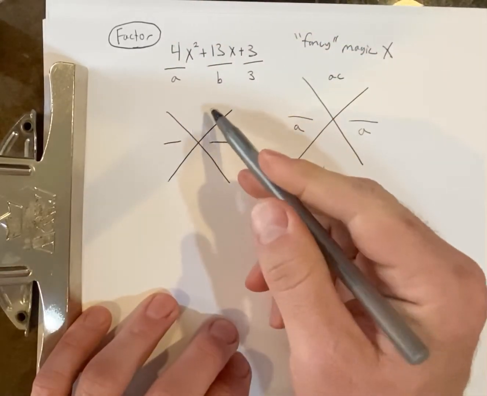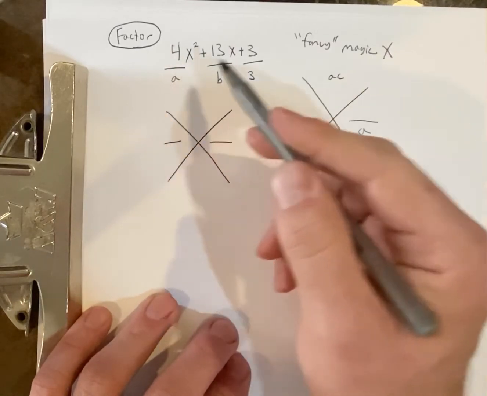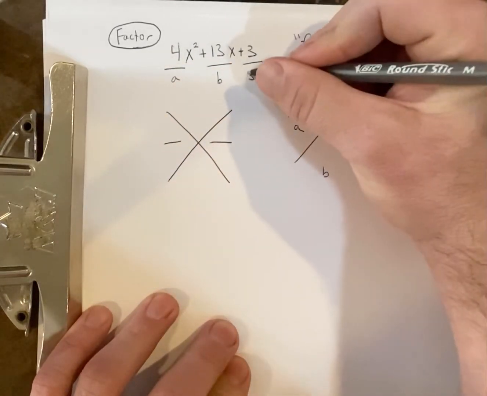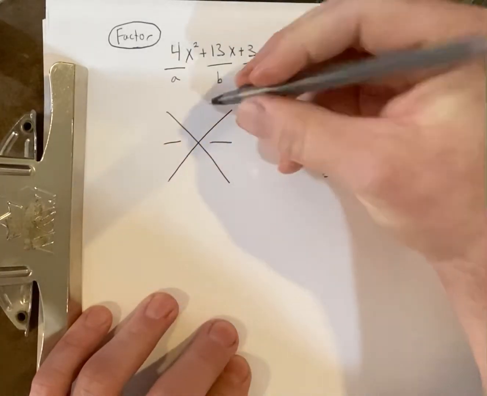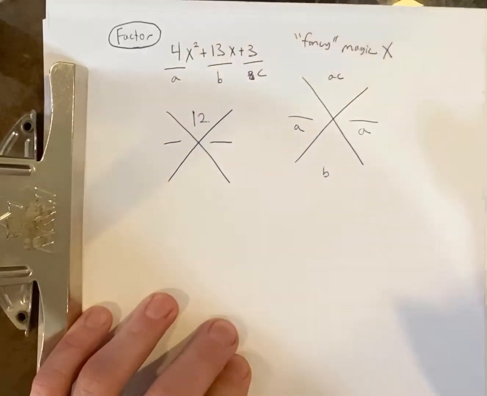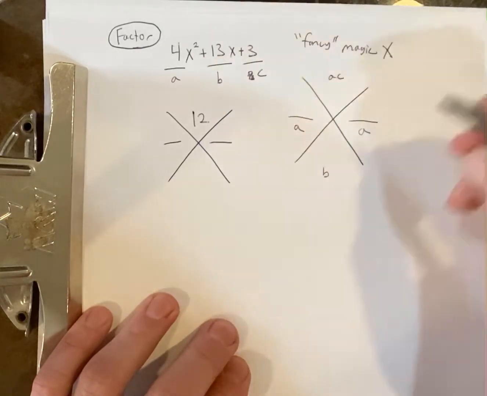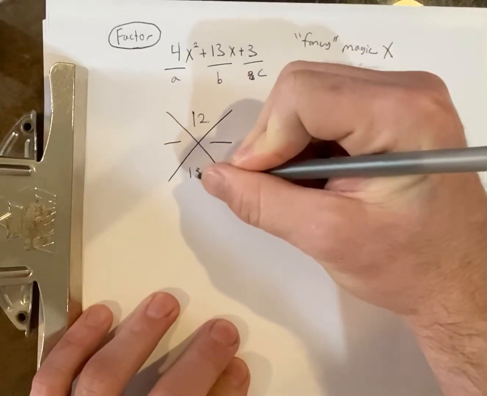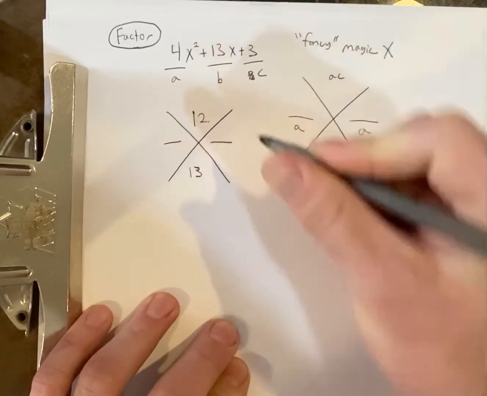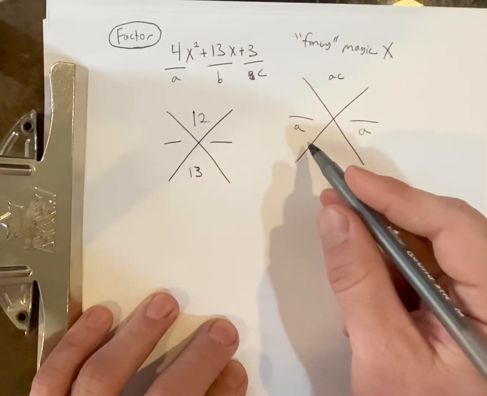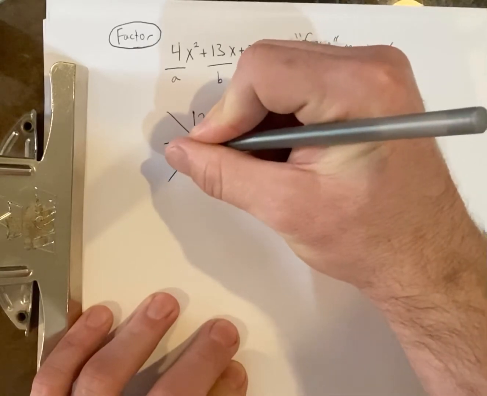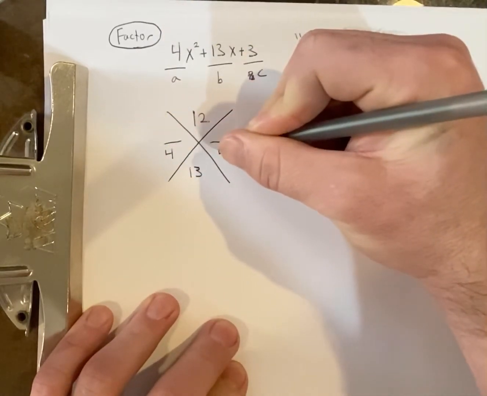On top is AC. A is 4, C is 3. 4 times 3 is 12, that goes on top. B is 13, that goes on bottom. And the denominators of both fractions are going to be A, which is 4. Okay.